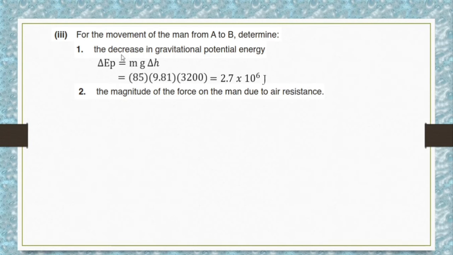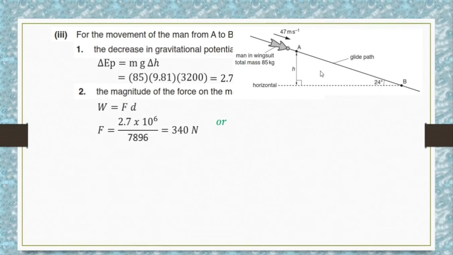We can use this potential energy, knowing that the decrease in gravitational potential energy is equal to the work done by the man. So the work done is F times d. We want to find the value of F, which is the work done divided by the distance taken. It is 340 newtons.